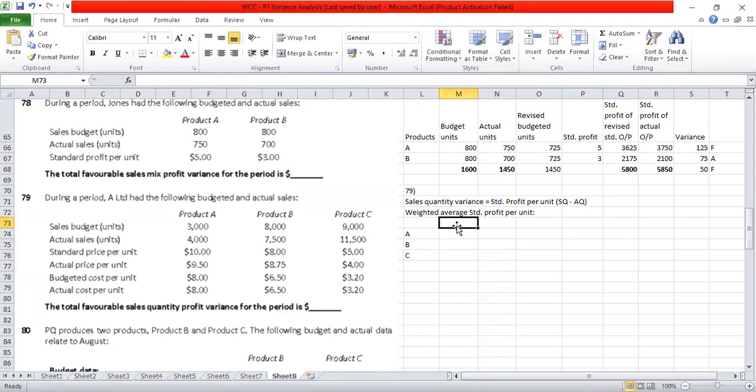The standard units are given: 3,000, then we have 8,000, then we have 9,000. After that, we need to know what is the standard profit because directly it is not given.